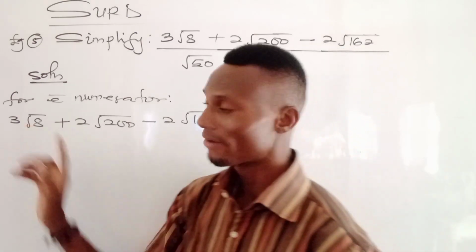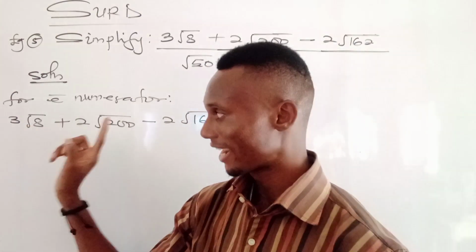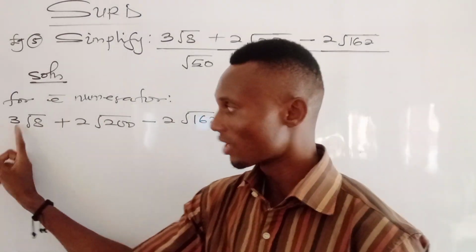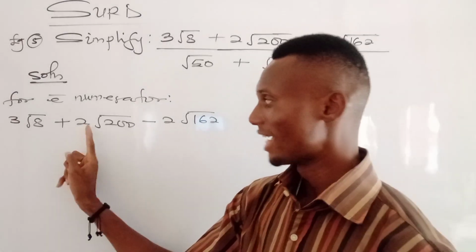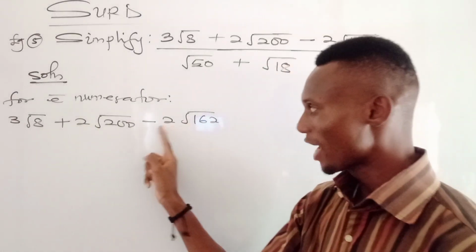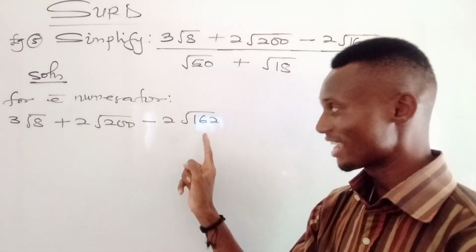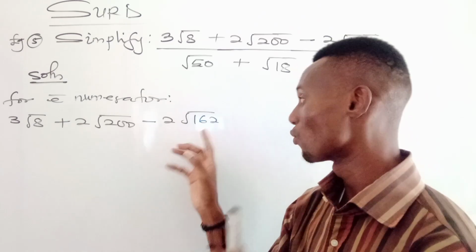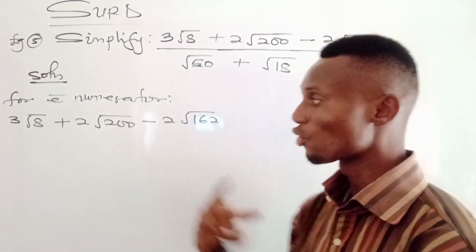Let's start with 3 root 8. The 3 here will multiply whatever we get, the 2 here will also multiply whatever we get for root 200, and the minus 2 here will also multiply whatever value we get for root 162.